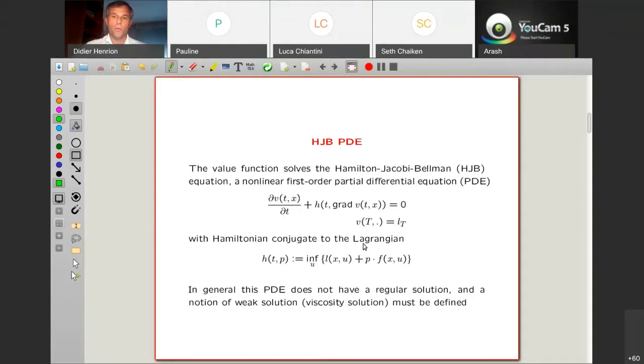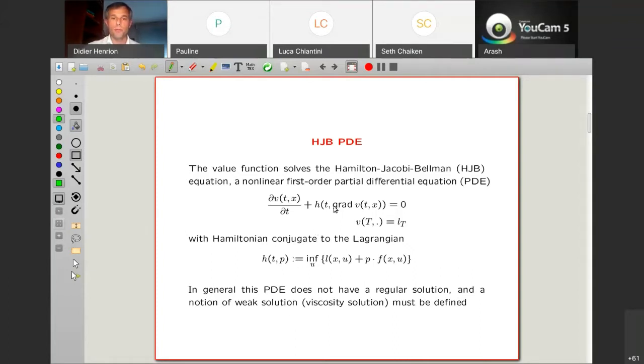Actually, one has to solve a nonlinear PDE called the Hamilton-Jacobi-Bellman equation. It's a first order nonlinear partial differential equation, which looks like that, where here H denotes the Legendre conjugate to the Lagrangian. It's called the Hamiltonian. It's defined like that. And it turns out that in general, this equation does not have a regular solution.